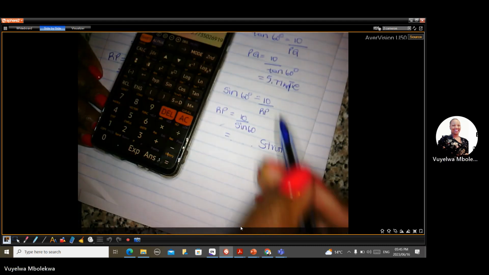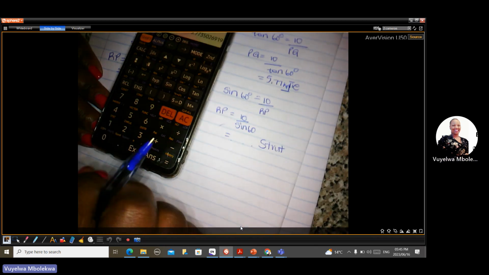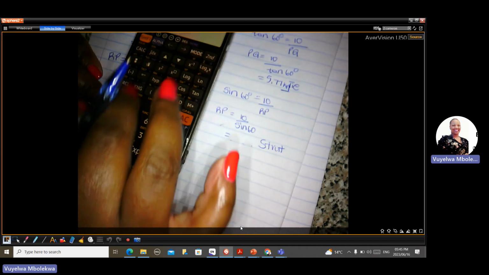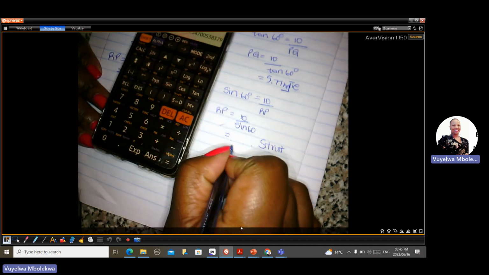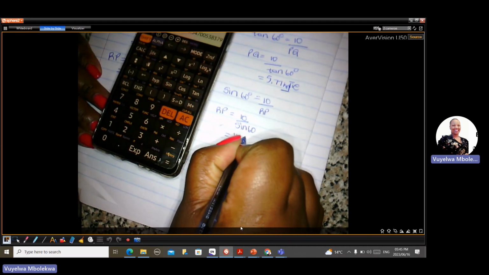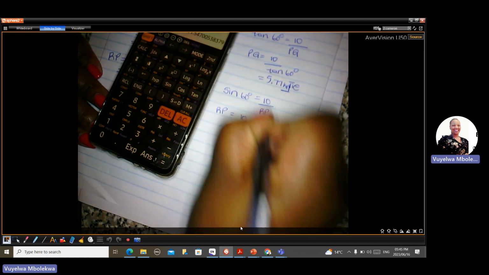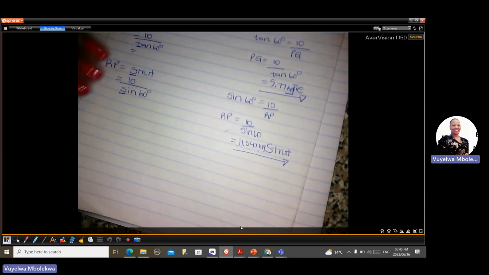So this is kilonewtons. Kilonewtons there, I just didn't have enough space. And then 10 divided by sine 60 is giving us 11.547 kilonewtons. Your SI units must be correct. So that's all. Let's just do another one quickly.